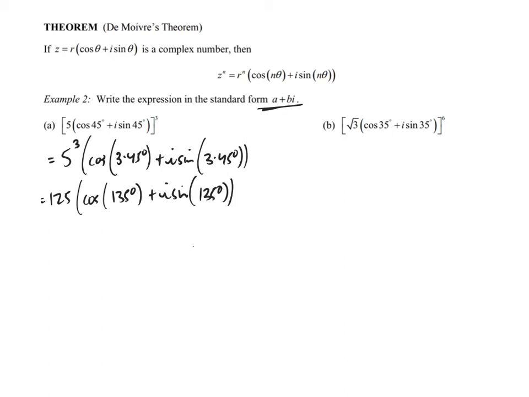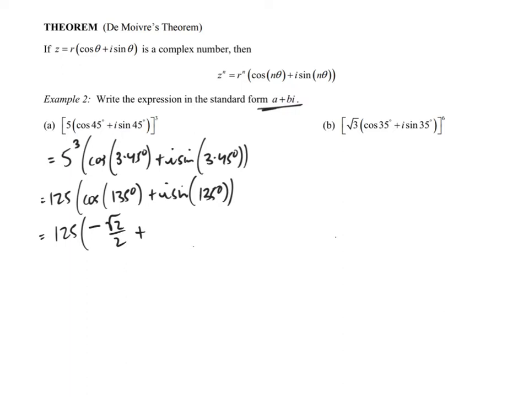So I've got to actually keep going here and figure out what this is in a plus bi form. So this is going to be 125, and then I need to figure out what cosine of 135 is. Well, 135 is in quadrant 2, and I know that cosine is negative in quadrant 2. The reference angle for 135 would be 45 degrees, and cosine of 45 degrees is square root of 2 over 2, plus sine of 135 degrees.